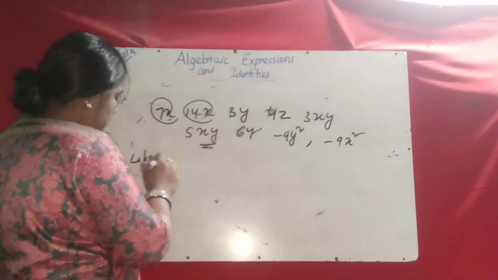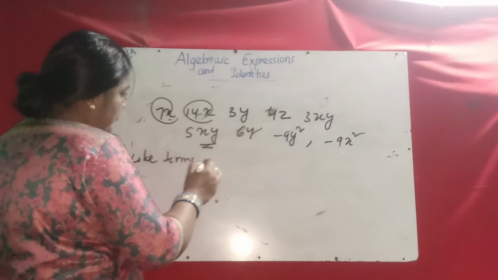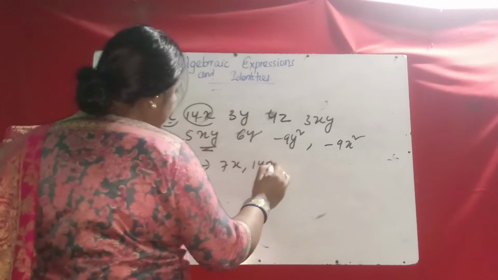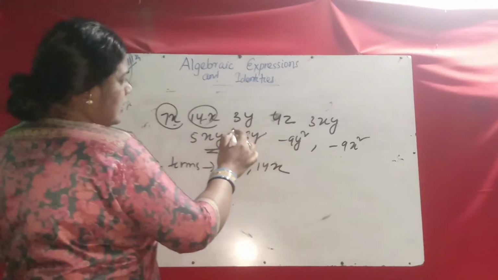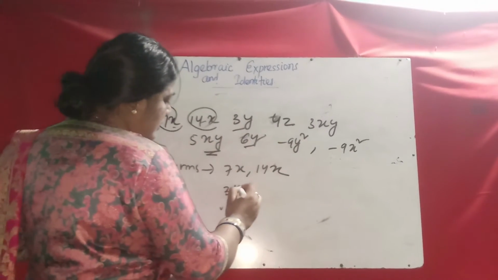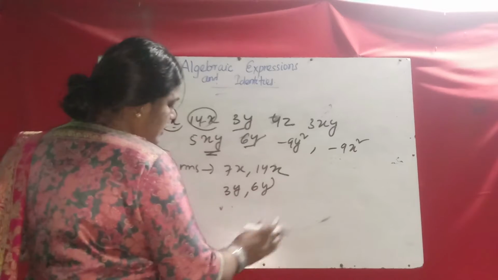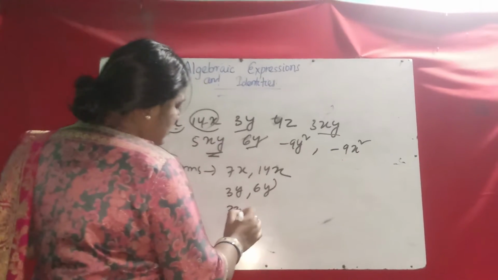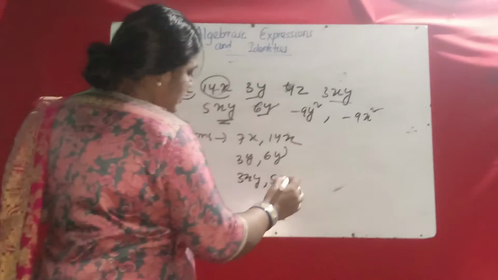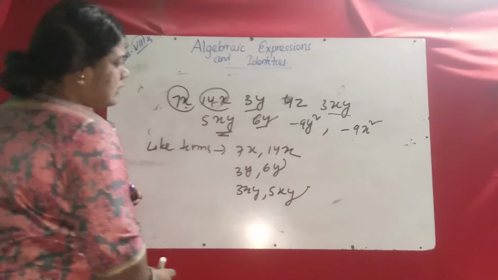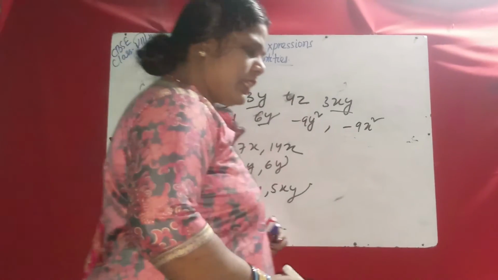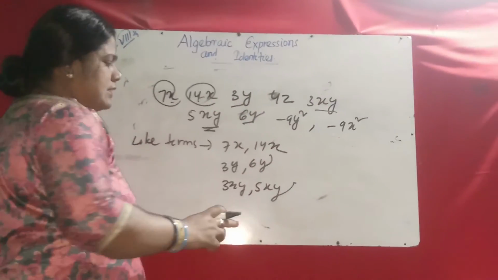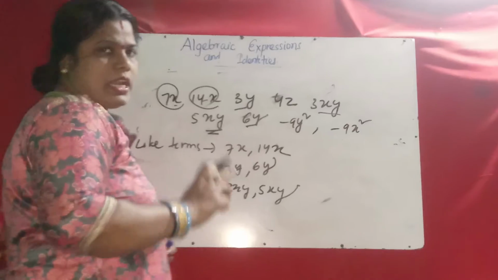So like terms: 7x, 14x; then 3y, 6y; then here xy, 3xy, 5xy. So these are like terms. If the variables are same, then they are called like terms.